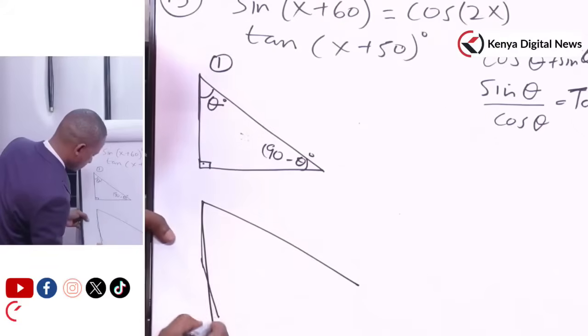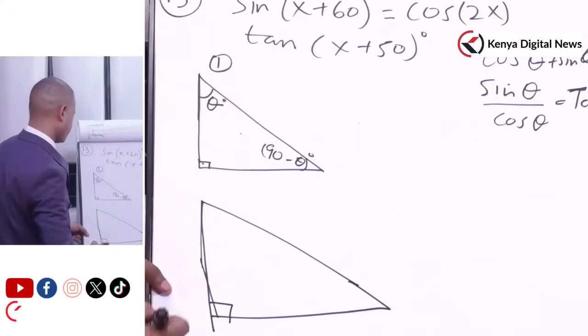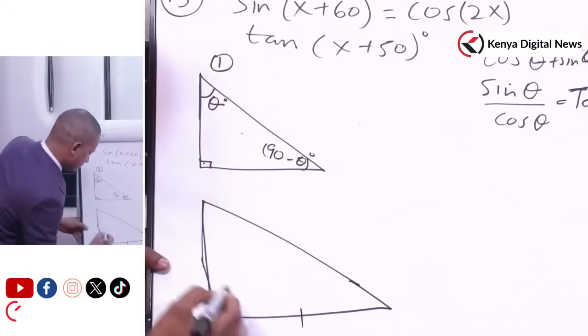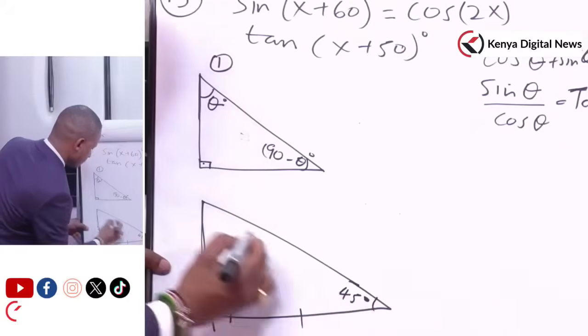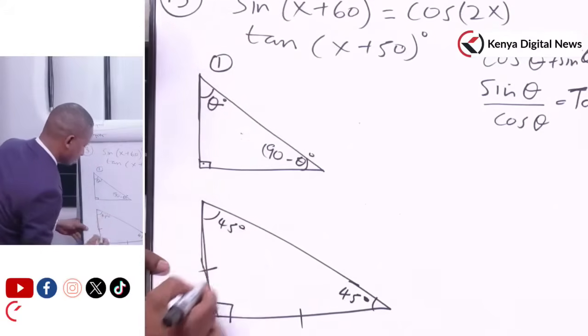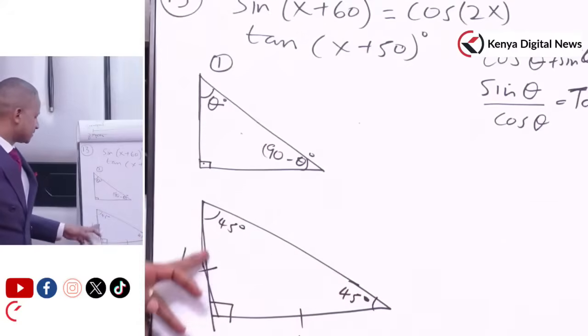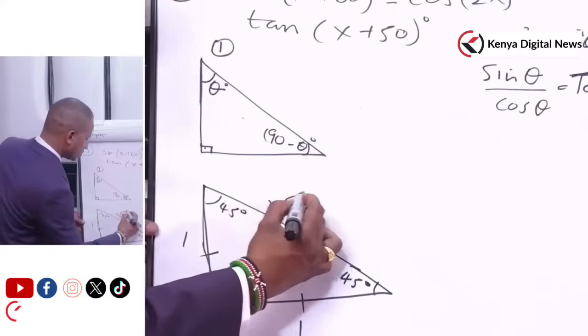Oh, sorry, this is 90. My drawing is not so good, but it is okay. This is 45 degrees. This angle is also 45 degrees. This is 1, 1. If you want to get the hypotenuse, it is height squared plus length squared, into the square root, which is root 2.